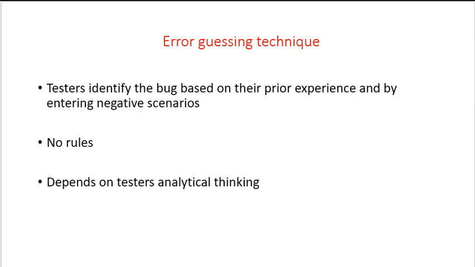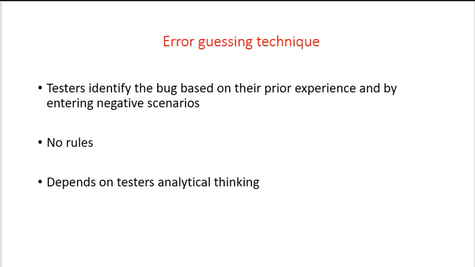In the error guessing technique, testers will identify bugs in a software application based on their prior experience, and they will identify a bug by entering negative scenarios. Here, they do not follow any rule. The testing depends on the analytical thinking of the testers.